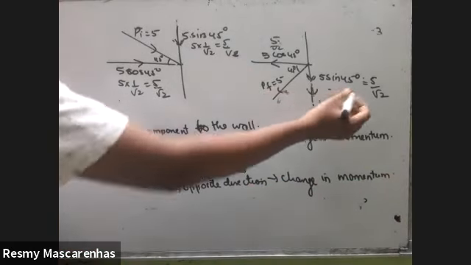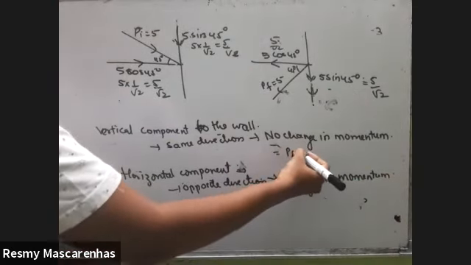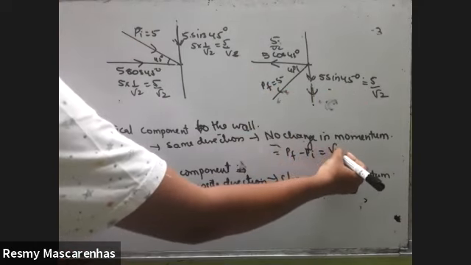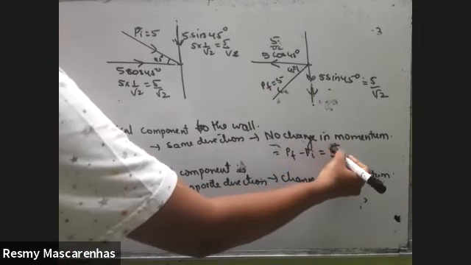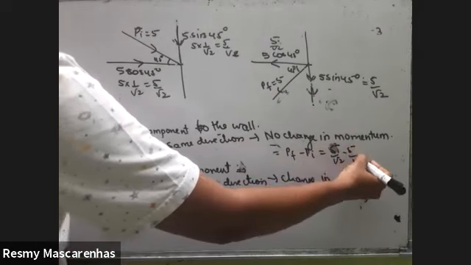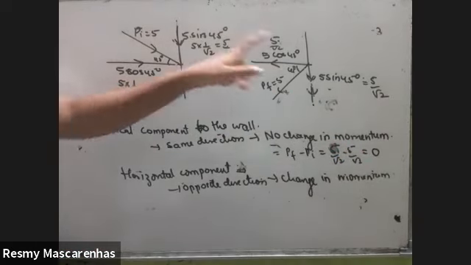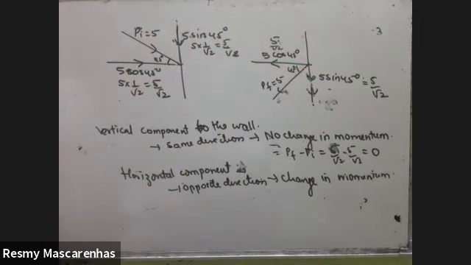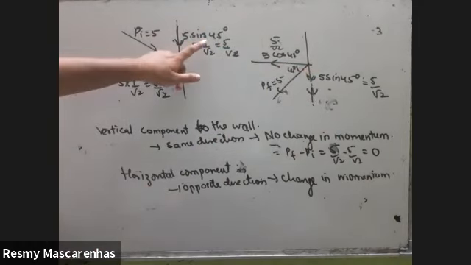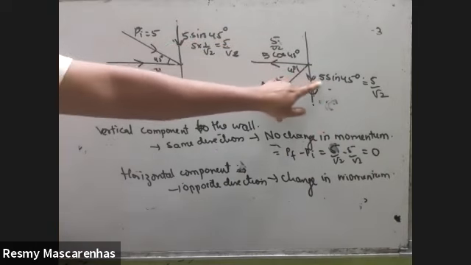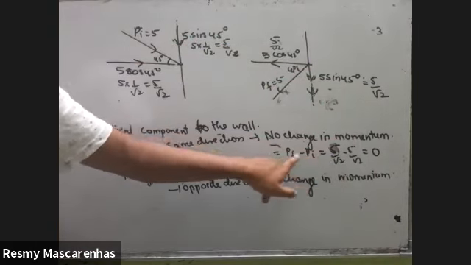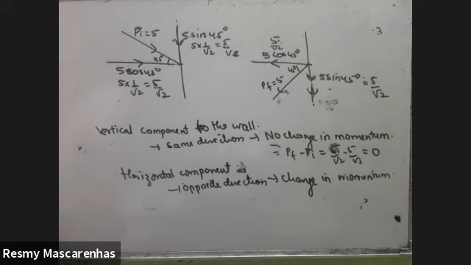This will give you what? Final minus initial: 5 by root 2 minus 5 by root 2. So that is 0. 0 means there is no change in momentum, because both are in the same direction. Initial is 5 by root 2, final is also 5 by root 2, so that will become 0.